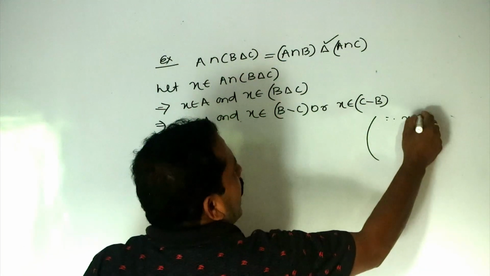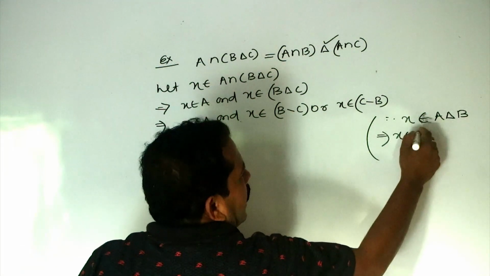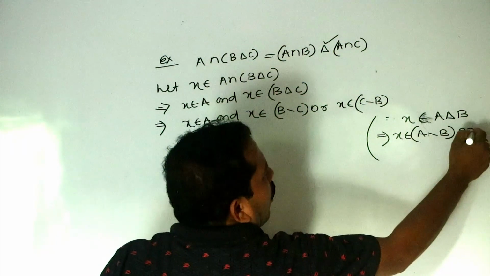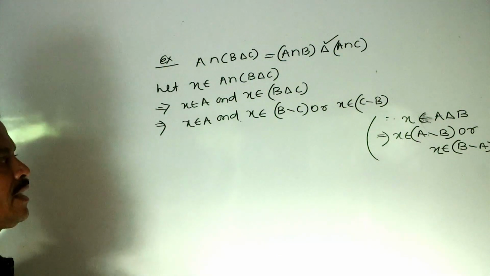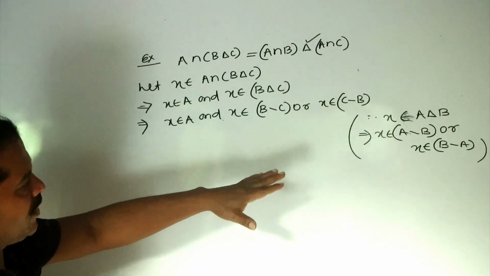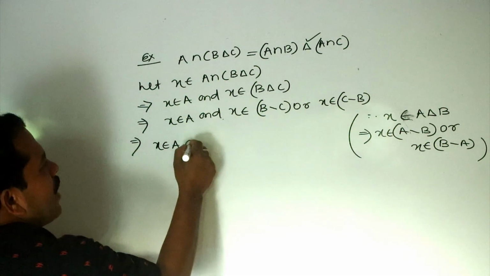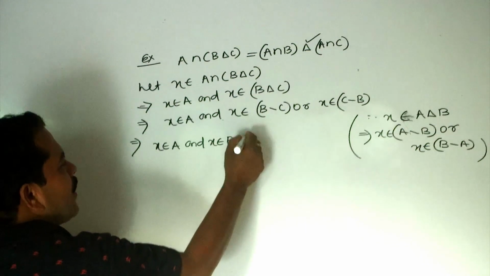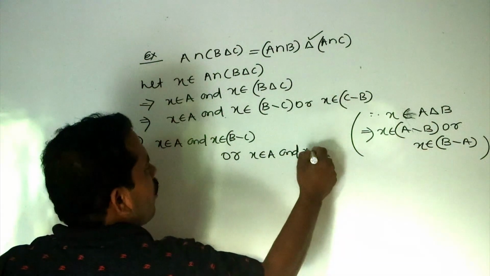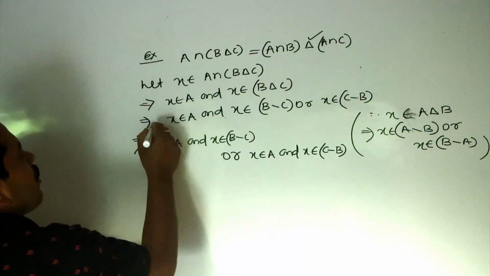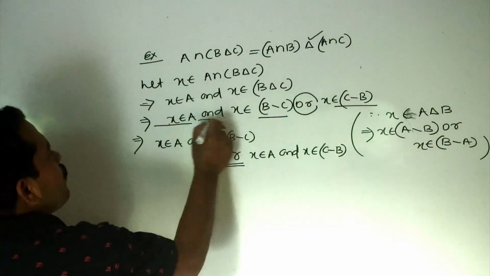Now we know that if x belongs to A delta B, we write x belongs to A difference B, or x belongs to B difference A. So for A delta B, we write x belongs to A difference B, or x belongs to B difference A. This implies x belongs to A and x belongs to B difference C, or x belongs to A and x belongs to C difference B. We connect A with this set and also A with this set, and we use OR here and connect with AND.